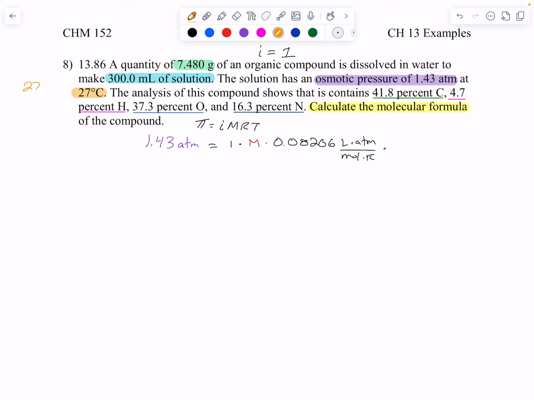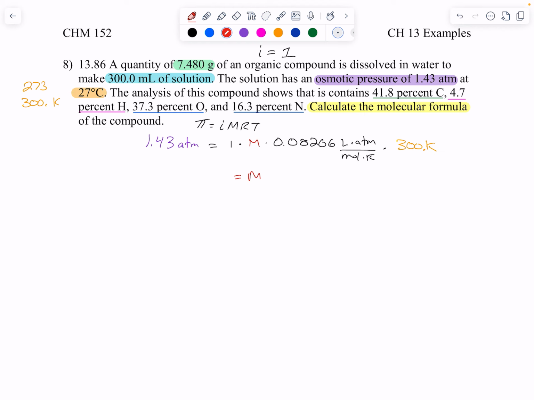If you add 273, that's going to be 300 Kelvin. We have 3 sig figs. So M would be 1.43 divided by R, 0.08206, and our 300 Kelvin.